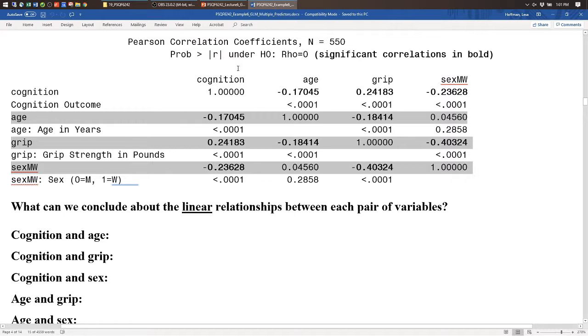So the same information is given below the diagonal here, where the diagonal is the ones, as above. So in other words, this minus 0.17 is the correlation of age with cognition. It is also the correlation of cognition with age. So half of this table is redundant, is what I'm telling you. So in practice, you will see people skip one of the halves because it doesn't tell you anything new.